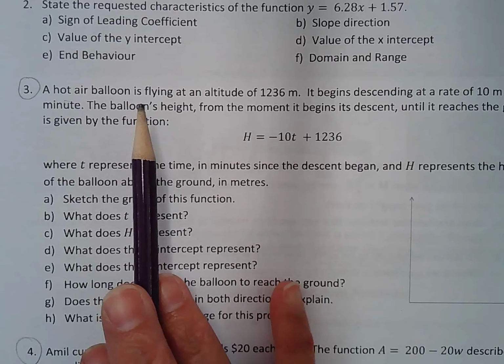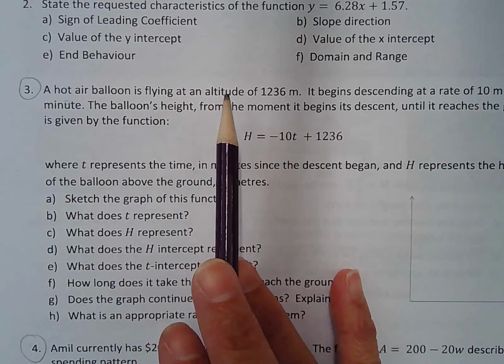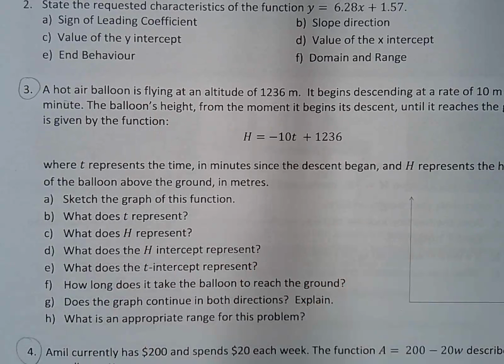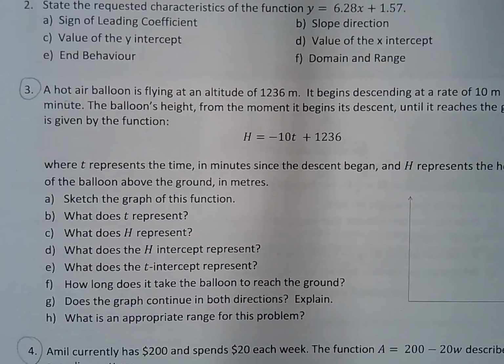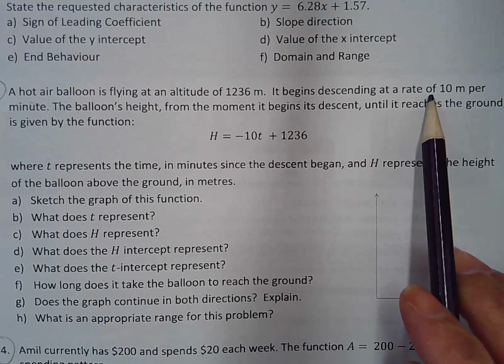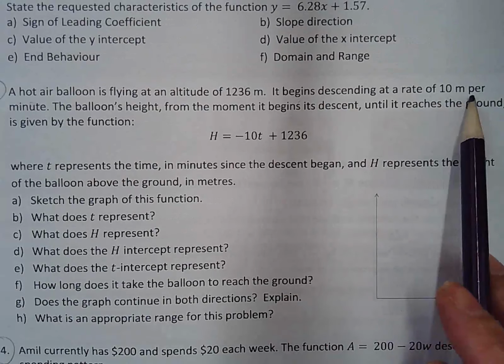So it's flying at an altitude of 1,236. What is an altitude? A height. Yeah, height. That's how far up it is from the ground. It begins descending at a rate of 10 meters per minute.